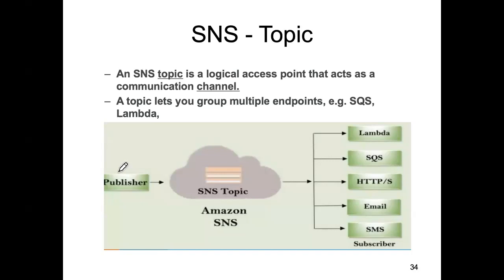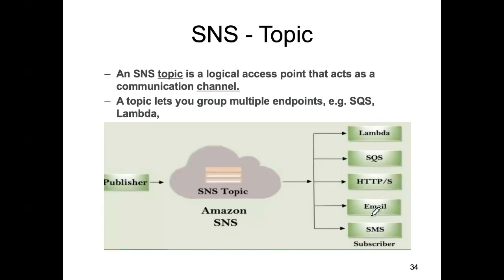And that's what the picture shows us here. So in this case, I've got one publisher, although again, you could have many different publishers writing to the same channel. And on the right, we have our subscribers. As I was saying at the outset, there are 2 points being made by this image. There are different types of subscribers. At the top, we have Lambda could be a subscriber, SQS could be a subscriber, an API gateway could be a subscriber.